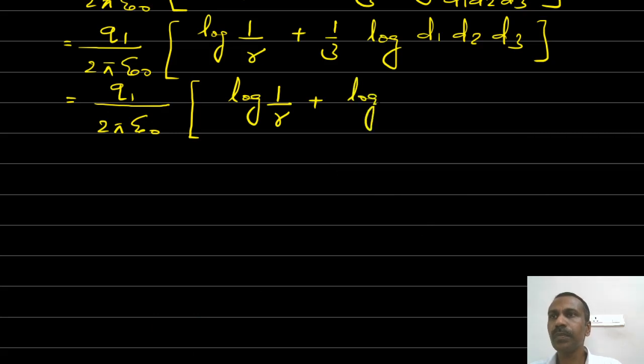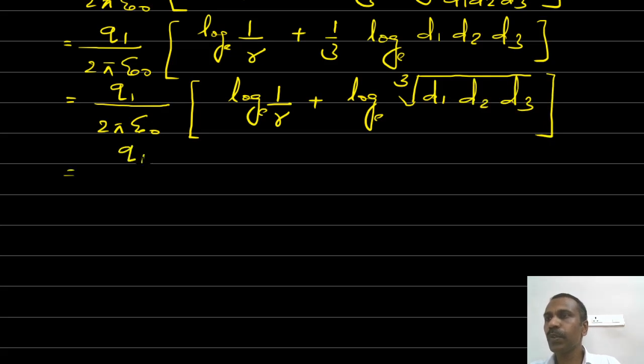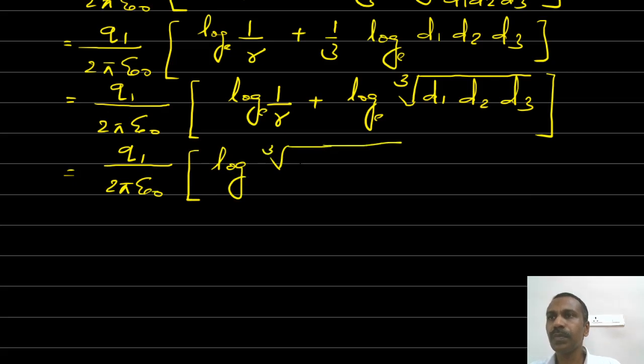That is, all logarithmic terms are with base e, log of the cube root of D1, D2, D3. This is equal to Q1 divided by 2 pi epsilon 0 into, now this is log A plus log B, so this can be written as log of the cube root of D1, D2, D3 by R.